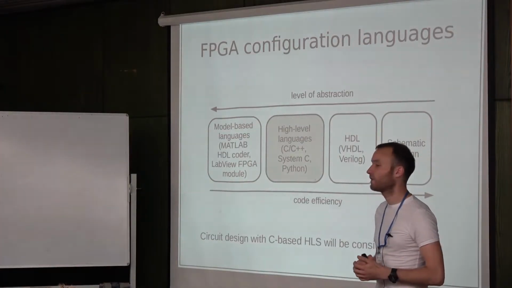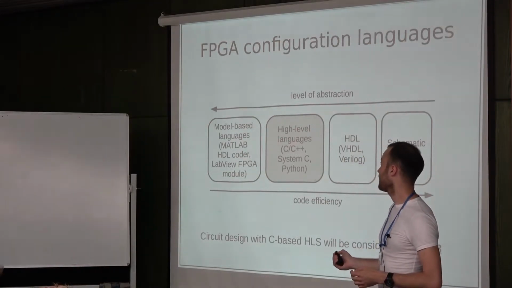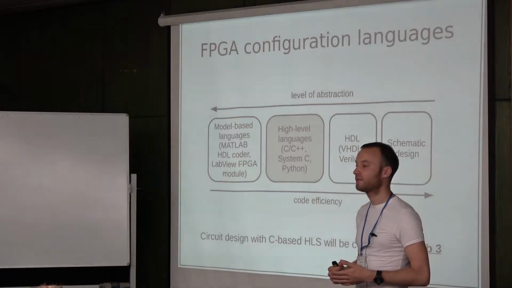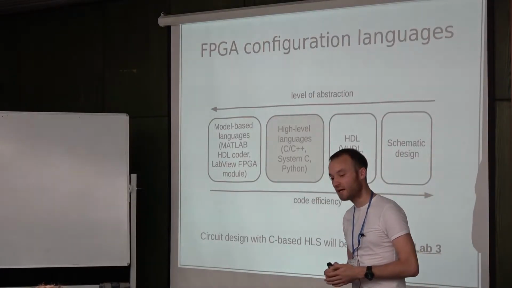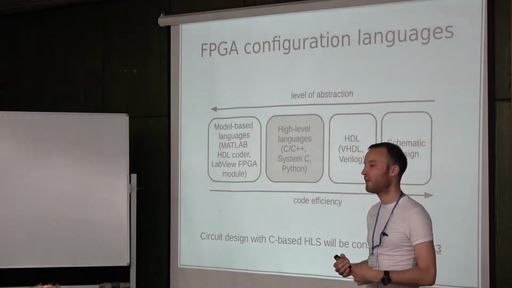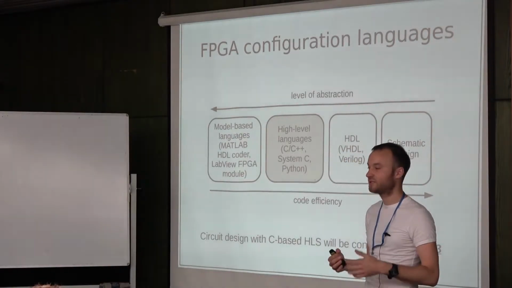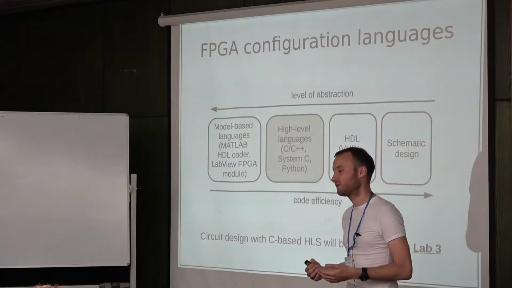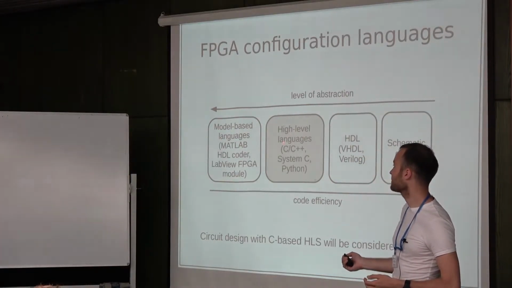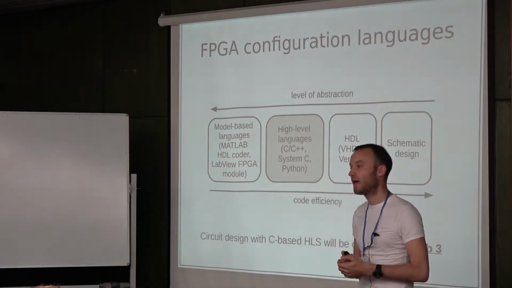Going further with the level of abstraction, we end up with high-level languages. In relation to FPGA, we normally say high-level synthesis. By the way, for software we say compilation, so we compile code to get assembly code. In FPGA we synthesize circuit, but sometimes we also use compiling circuit, but mostly we say synthesis. So here we would say high-level synthesis. Today we have several languages.